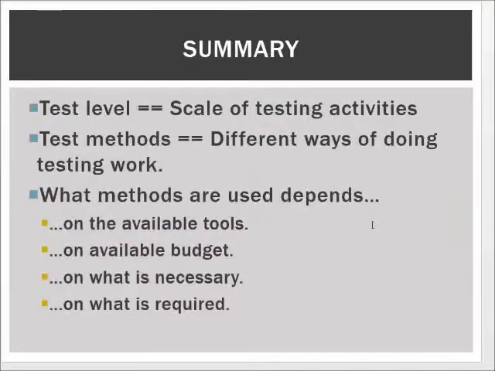But what is common for all these different activities is that they are just definitions for different ways of doing testing work. So if test levels indicate the scale on which the testing activities take place, one module, several modules, entire system, and so on, the test methods are just an indication of different ways of doing testing work.